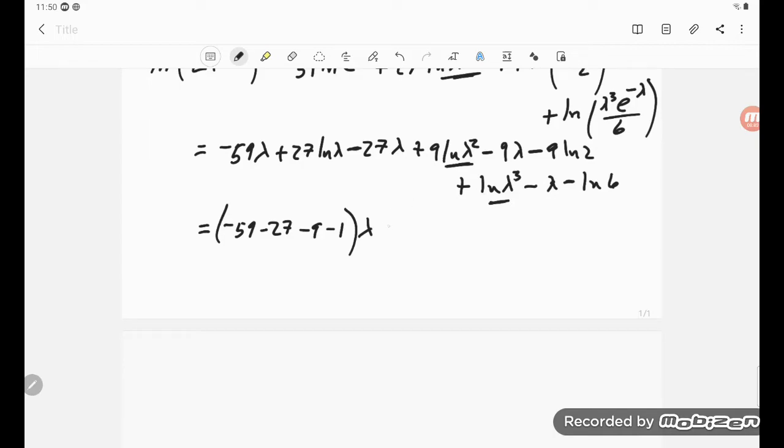And so I'll have plus 27 plus 2 times 9 plus 3 times 1, all times the natural log of lambda, and then minus 9 log 2 and minus log 6.